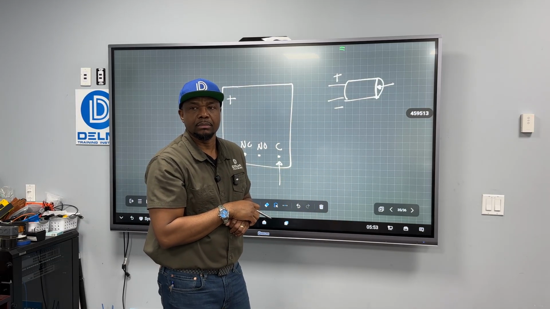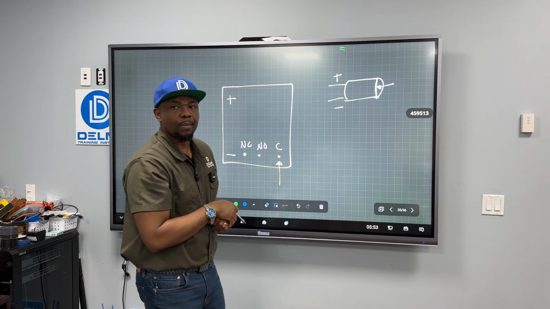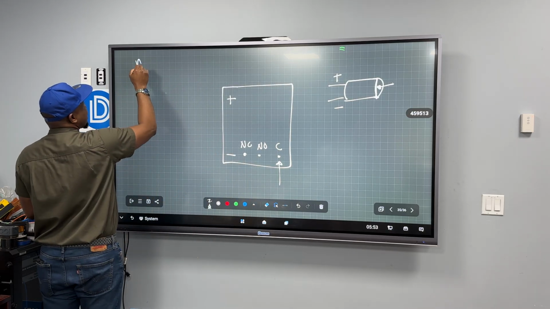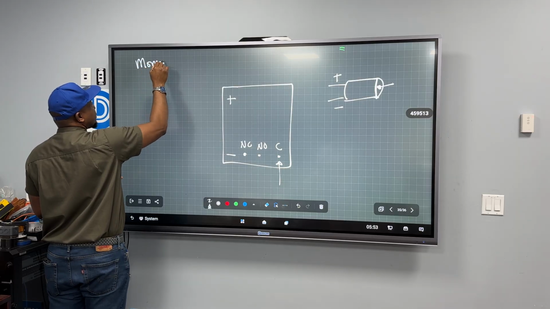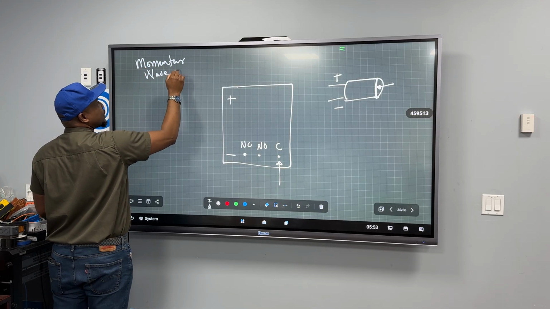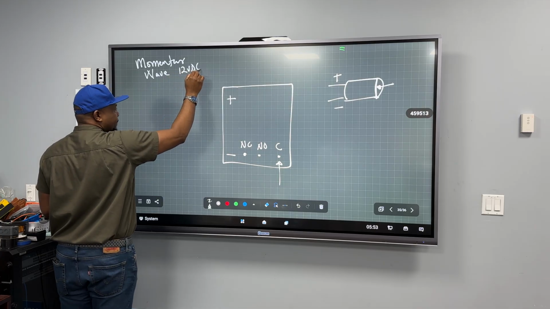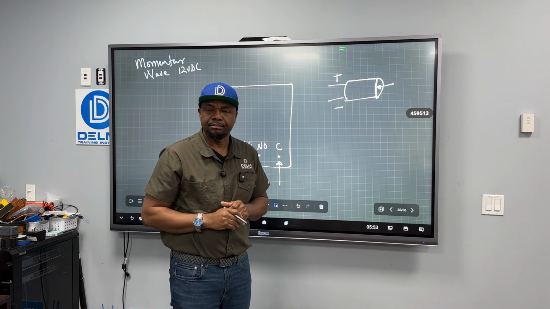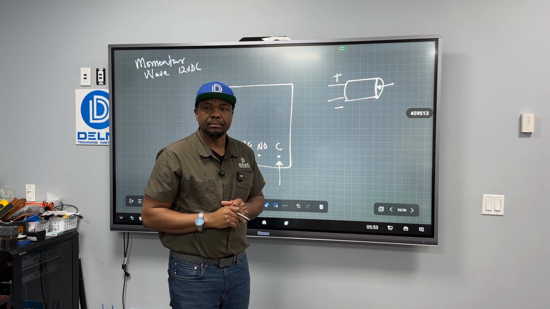Somebody said input device, momentary wave sensor, 12 volts. Okay, so the input is going to be a momentary wave sensor, 12 volts DC. Good.